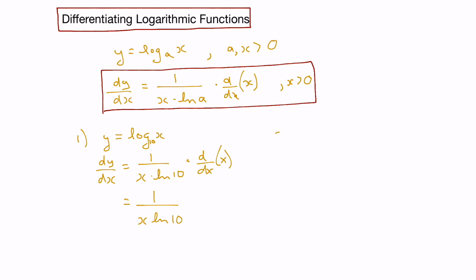Okay, let's look at another example. Let's say we wanted to find the derivative of y equals log base 4 of x cubed. Applying the formula, the derivative would be 1 over x cubed times the natural log of 4 times the derivative of x cubed.